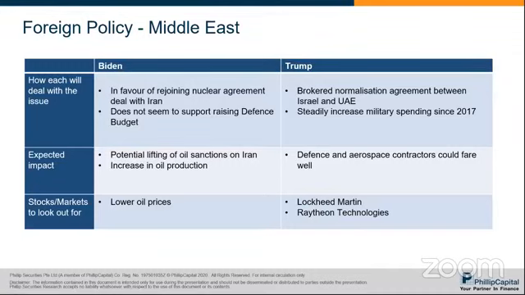So Biden is in favor of rejoining the nuclear agreement deal with Iran if he is elected. And in terms of military, he does not seem to support raising the Defense Department's budget itself. So a Biden win could potentially see the lifting of oil sanctions on Iran in exchange for Iran agreeing to a nuclear deal.